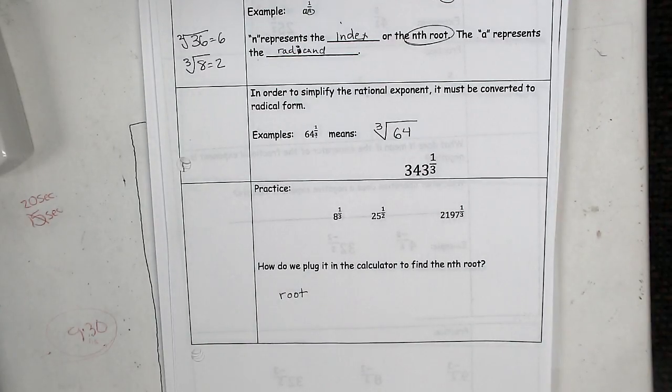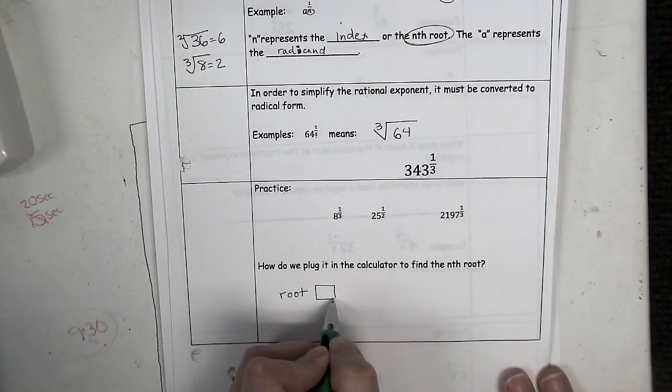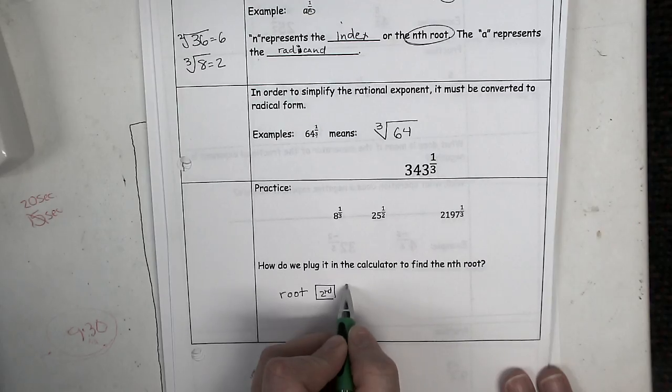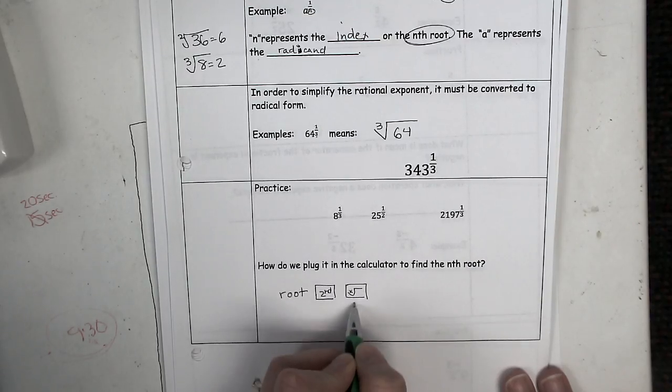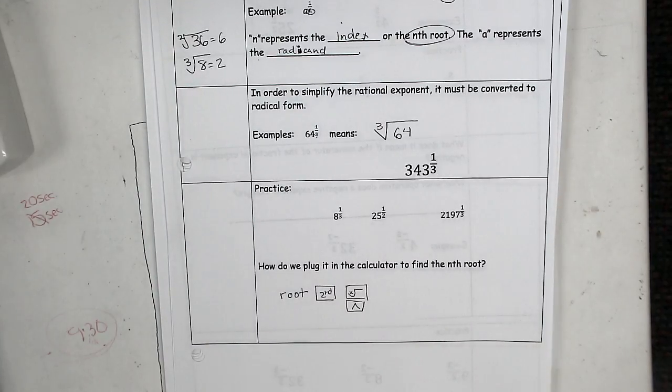Then you press second function, and you're actually using the X root key, which is the caret key. Since it's a second function, it's the root key. Then you put in your radicand, which in this case is 64. Write the word radicand right here.